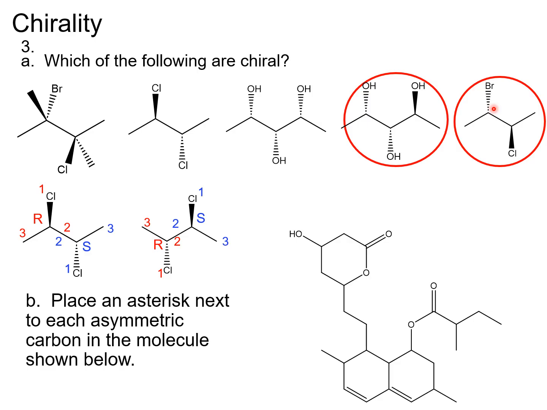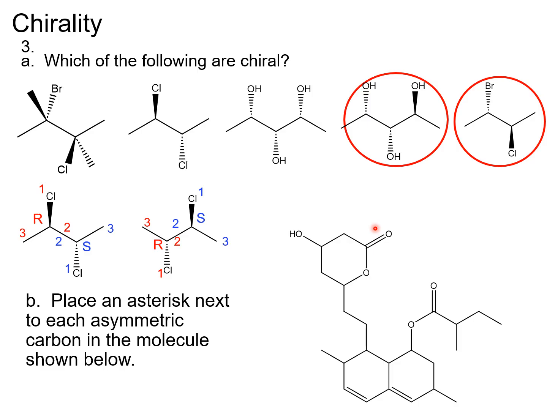Bottom one here, right? If I'm just looking for asymmetric carbons, I'm looking for carbons that have four groups. I think the easiest way to hone in on specific carbons for this question is to look at any carbon that only has one H. If it has two H's, it's not going to have four different groups.